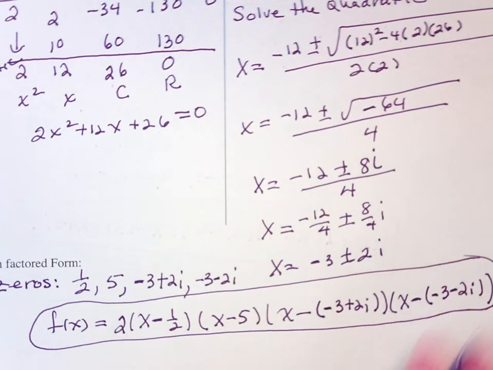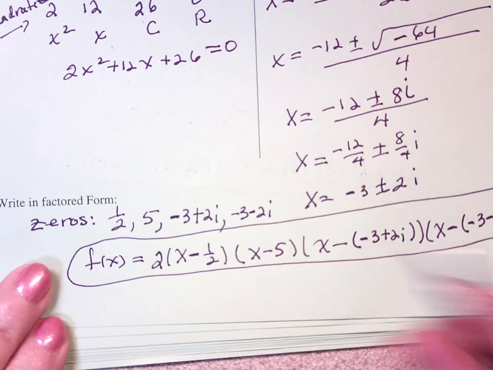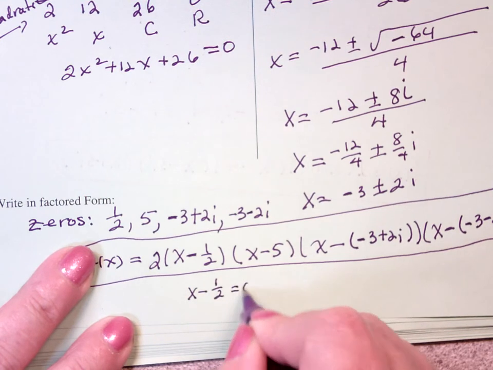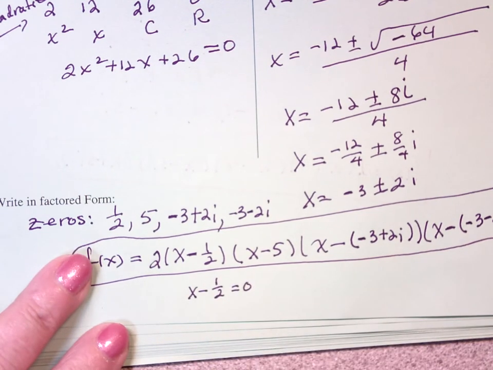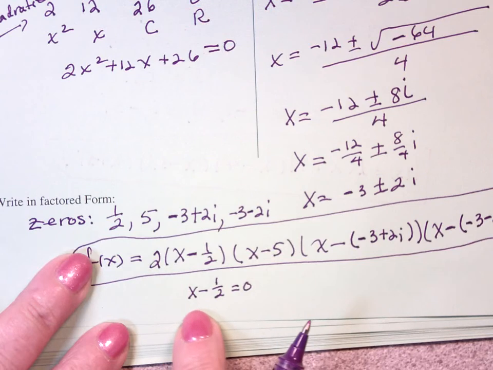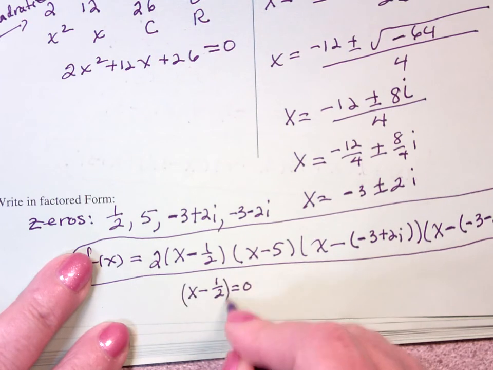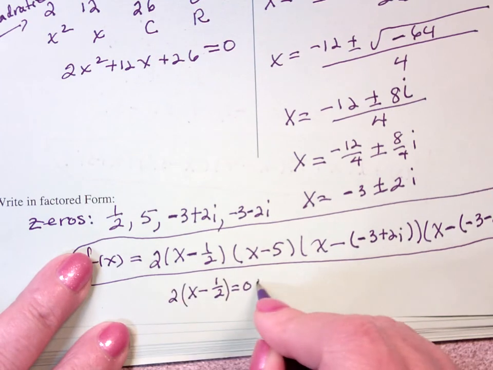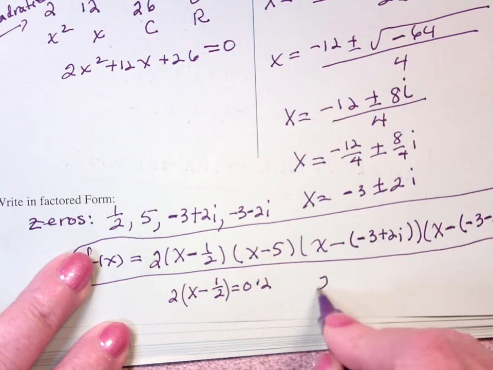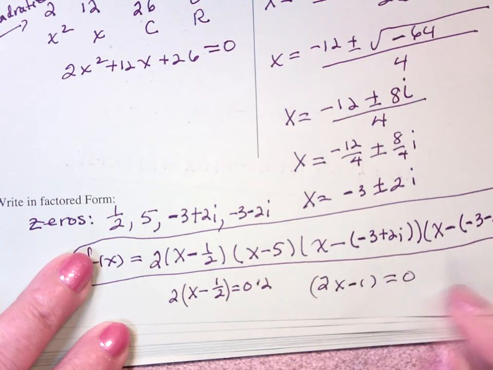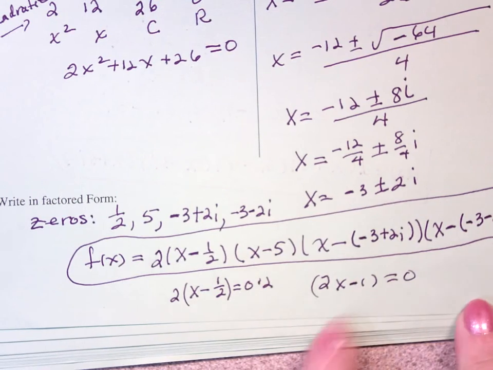And here's the reason why. If I said that x minus 1/2 equals 0, that's the factor. If I clear the fraction, multiply both sides by 2, this would say that 2x minus 1 equals 0. That was the factor. Because if you think about it, what would you do?